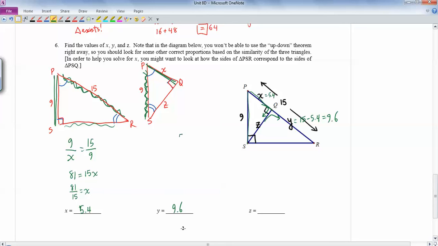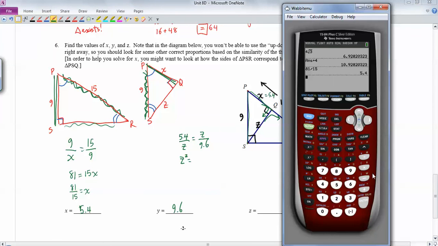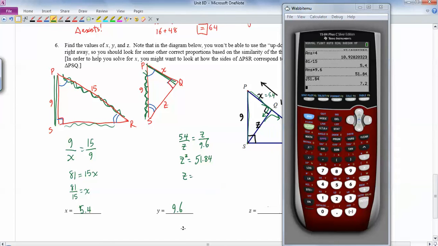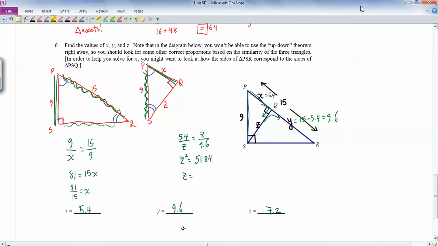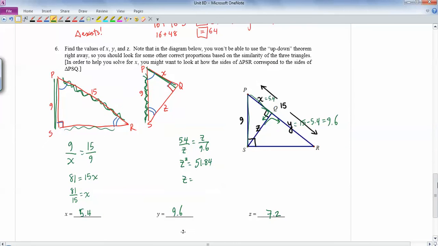So I'll do it that way. 5.4 over z equals z over 9.6, so z squared is going to be 5.4 times 9.6. That's 51.84, and if we take the square root of that number, 7.2. And there you go, so there's x, y, and z. Hope that helps a little bit, and I'll see you guys soon.